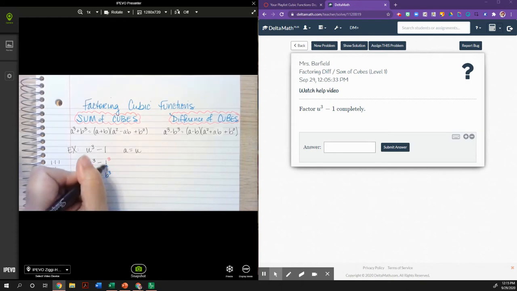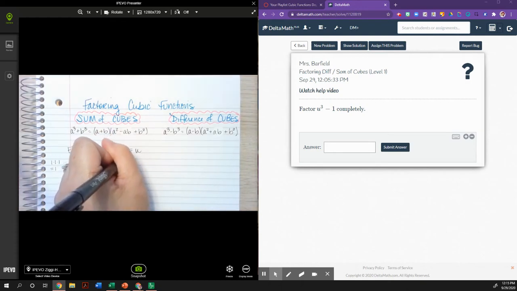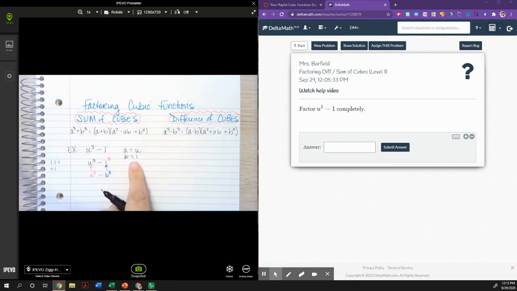And b in this case is 1. So b equals 1. I'll do another example, because this is the part that most students get stuck on. They don't have any problems with the rest. It's this first step, and once we get past it, you're fine.